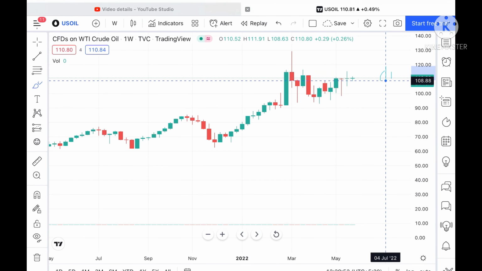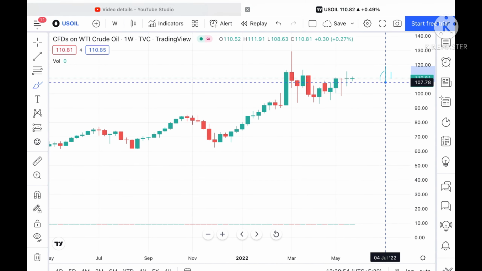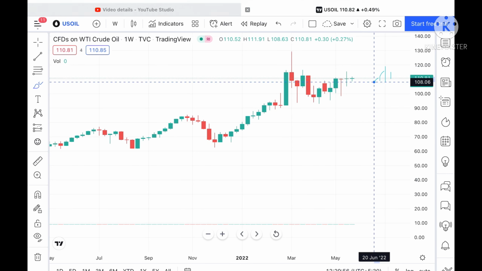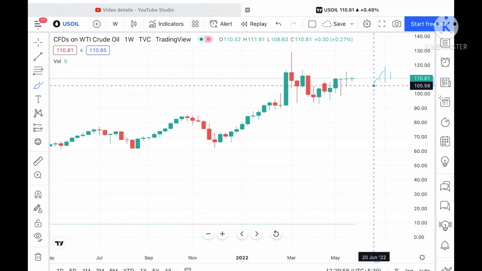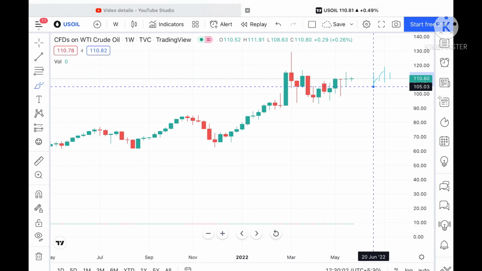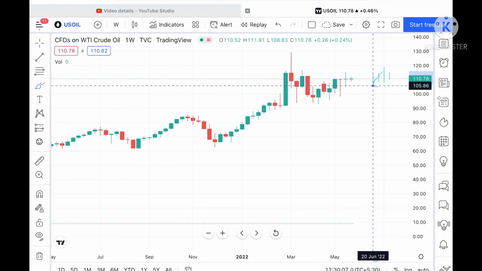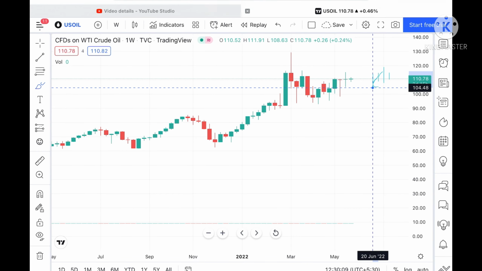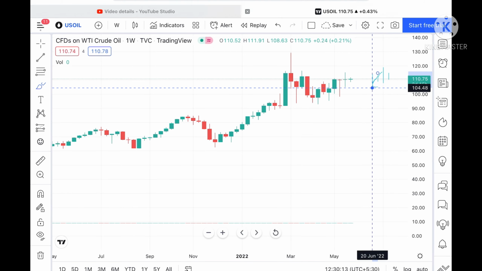If the price goes below that level, it can touch 107.78, and from there move further down towards 105.58. If that level also doesn't sustain, it can move further down towards 105.30, and if that level also doesn't sustain, towards 104.48.